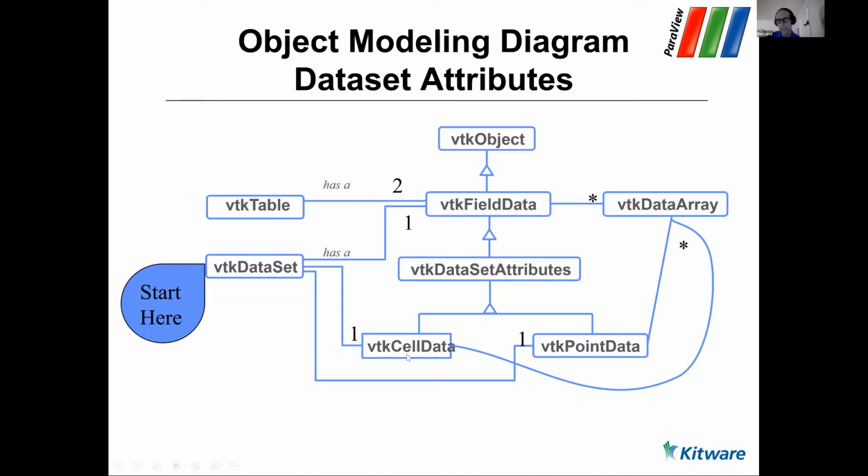So the cell data has as many values as you have cells, and point data has as many values as points. So these data sets can have one cell data, one field data, and one point data. And each of these can have any number of arrays, so any number of attributes. We have here a table as well that can have rows and columns.